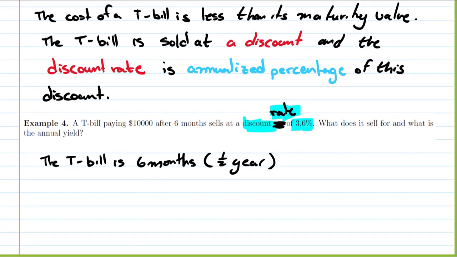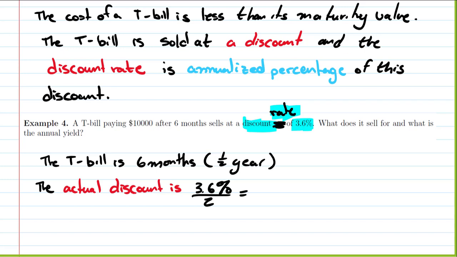So the actual discount is half of that, so 3.6% divided by 2, so 1.8%.